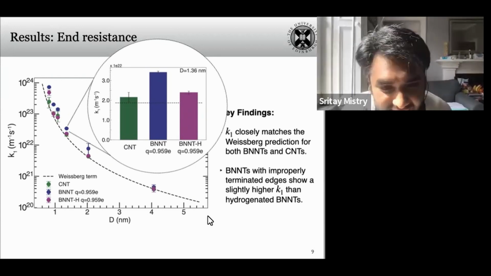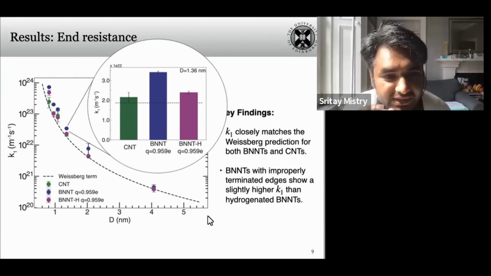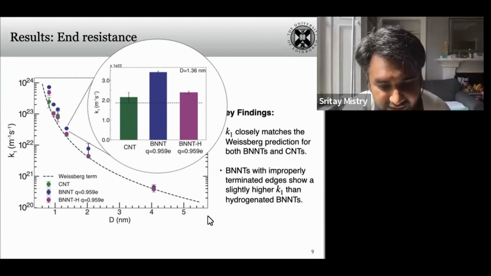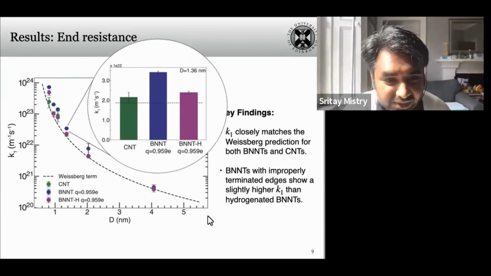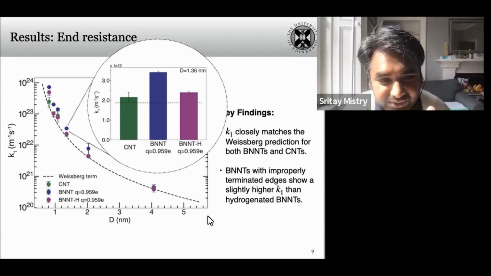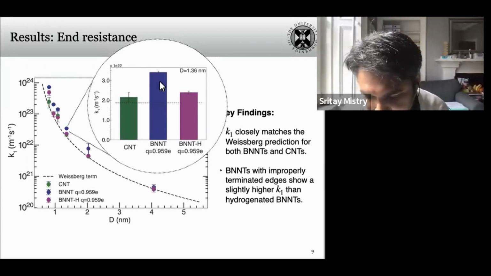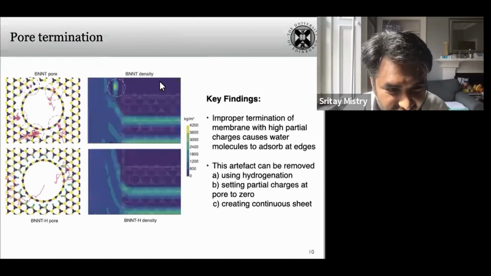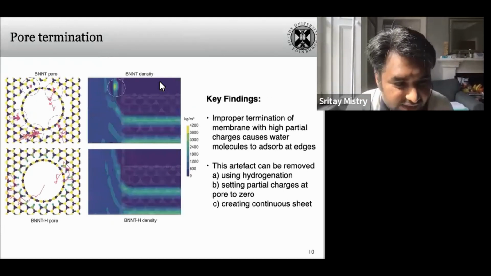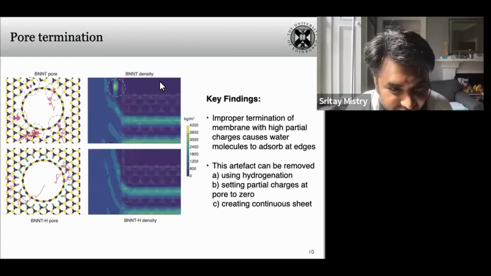What do I mean by BNNTH? By BNNTH, I mean those BNNTs where the ends of the boron nitride are terminated with hydrogen. So when you do not terminate the ends of boron nitride with hydrogen, you have this spike in the end resistance, which you see in the blue bar, right? And the reason why this is important is because of the way we typically model these membranes in MD.